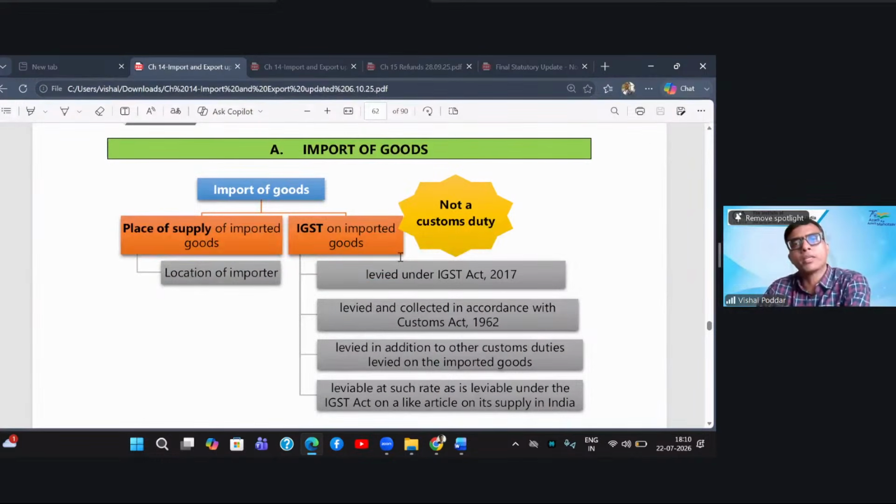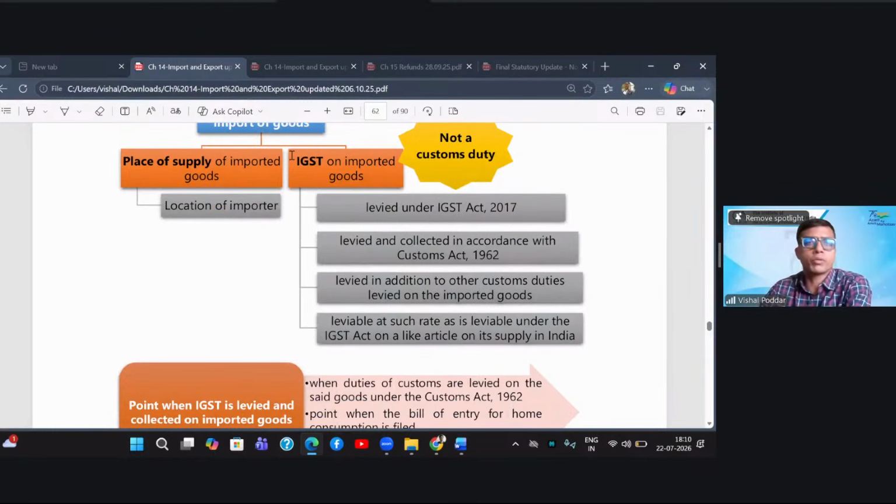Now, let us proceed with the import side in more detail. When we talk about import side, first is import of goods. In case of import of goods, obviously the location of supplier is outside India. The place of supply of imported goods is the location of the importer.